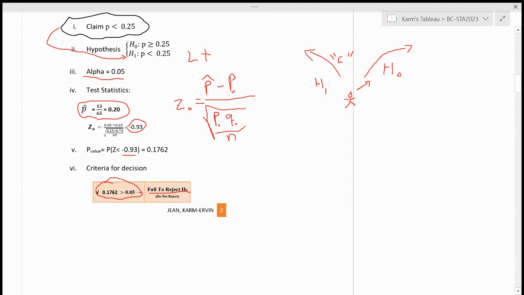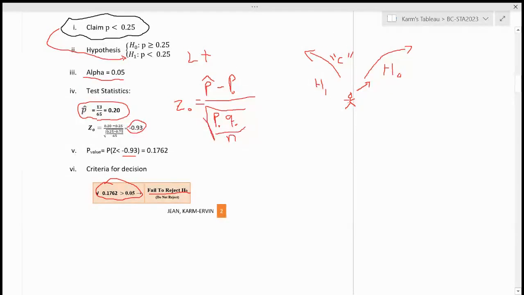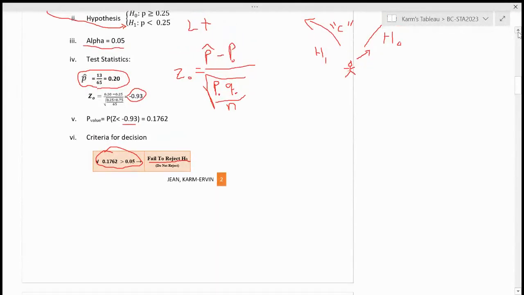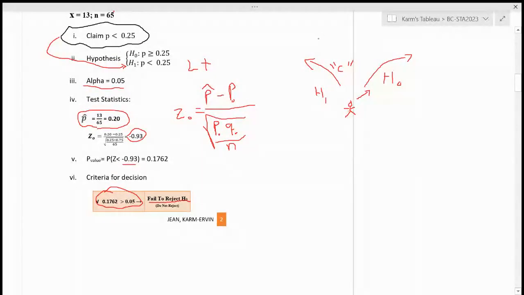So, assuming the claim was the devil, a bad guy waiting for you to kill you. Suppose the devil was there. So what will you do? Will you go toward H1 anyway? I want you guys to understand that.